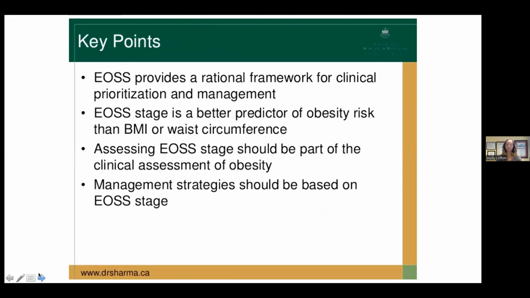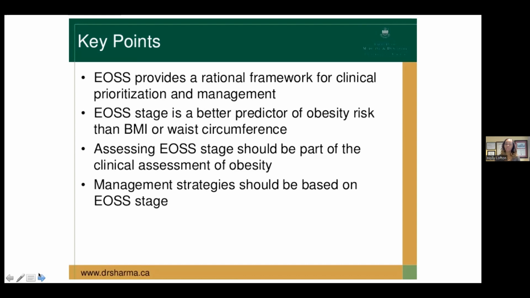Have they been in such a poor state of mental health that they're maybe staying in their homes? That they're avoiding social settings. These are things that are hard to really assess without really asking the patient. And then we look at the medical conditions they may or may not have, as well as their functional status. So these are things we do have to tease out from the patient. It's more than just calculating height and weight.